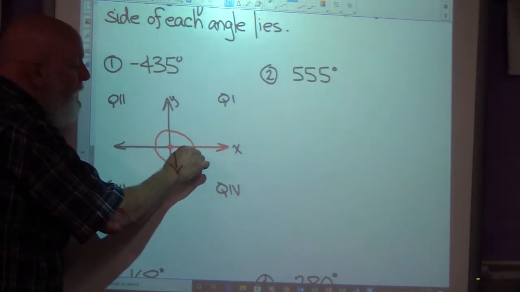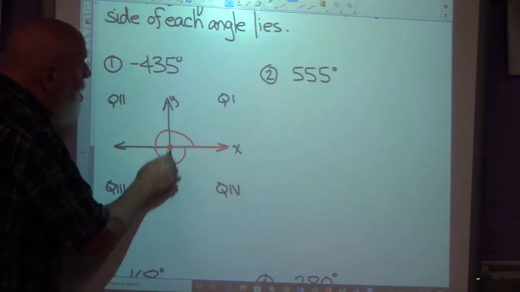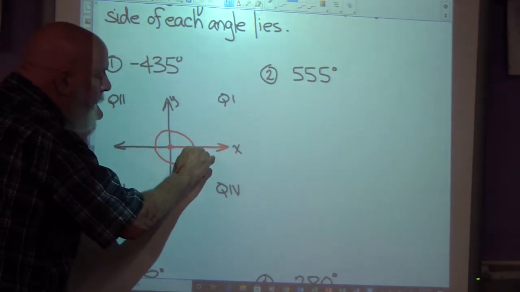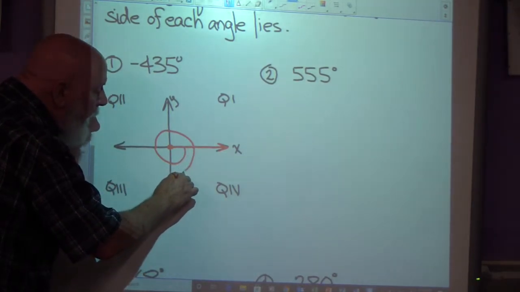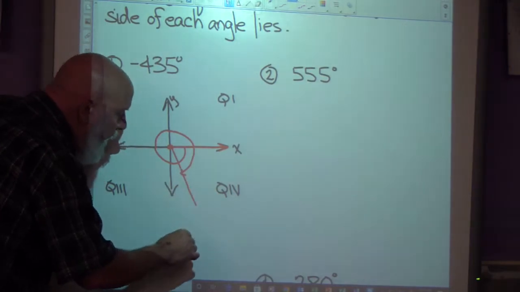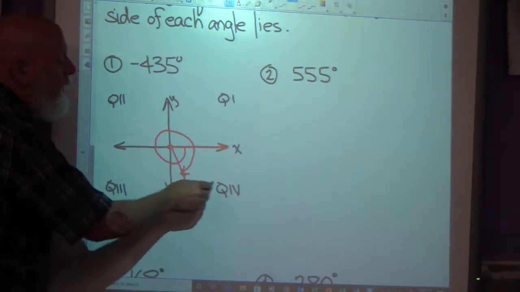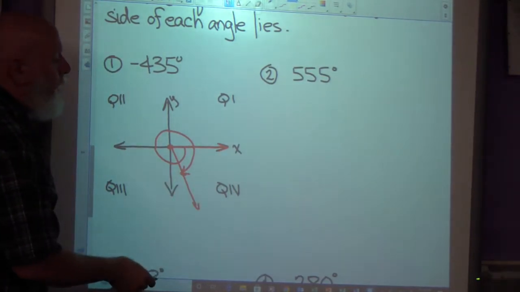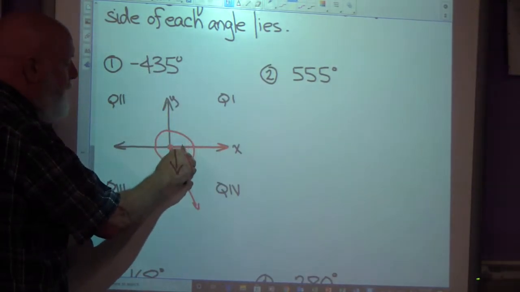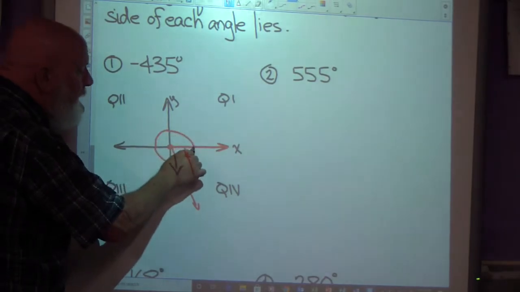If I go another 90, that'll take me to 450. I'm at negative 435 is what I'm looking for. So I'm going to go to about here, roughly, and sketch. This doesn't have to be very accurate. What I'm looking for is the quadrant. I know I'll be in quadrant 4 at negative 435 because from here to here is 360.